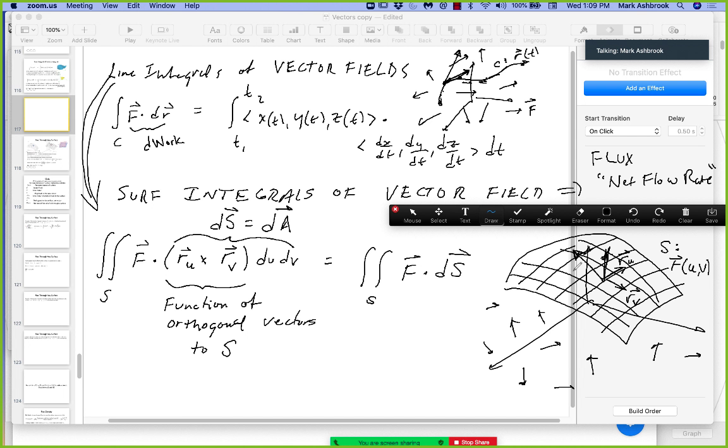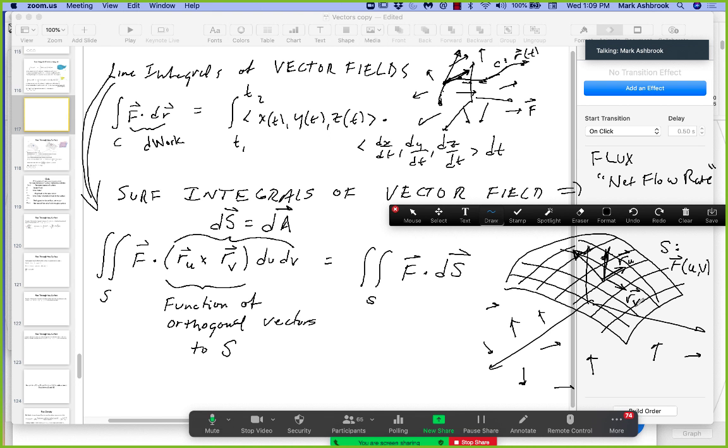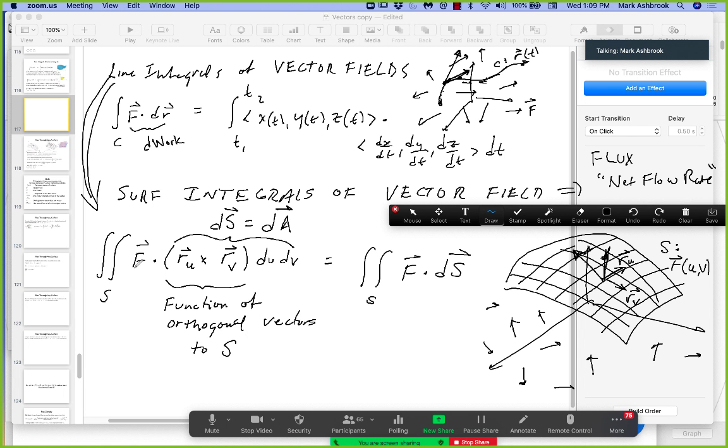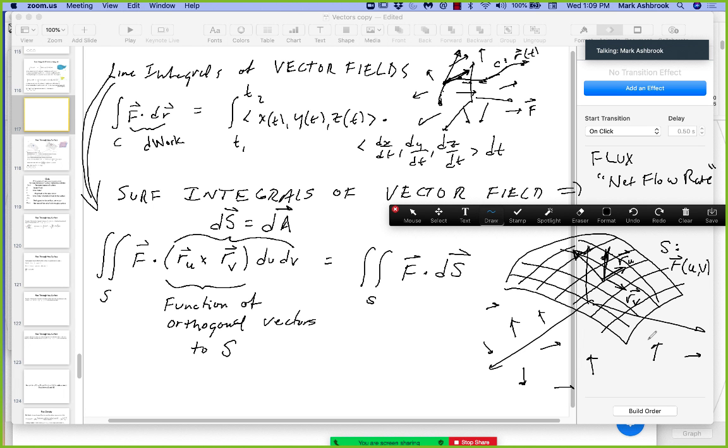Whatever parts of f are parallel to that surface, there's no flow through, right? The only flow through is the parts of f that are orthogonal to that surface. So that's what we're accumulating here by taking the dot product and then accumulating that across the surface. So we get net flow through the surface of f, and that's called flux, or net flow rate.